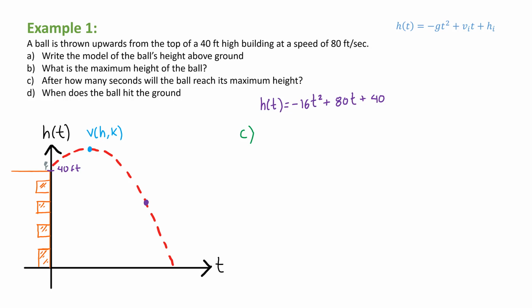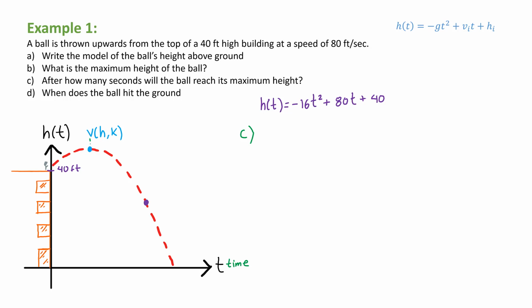Okay, now let's solve question C. It says, after how many seconds will the ball reach its maximum height? We already calculated the maximum height of the ball, which was the variable k. And now we are interested in knowing time.